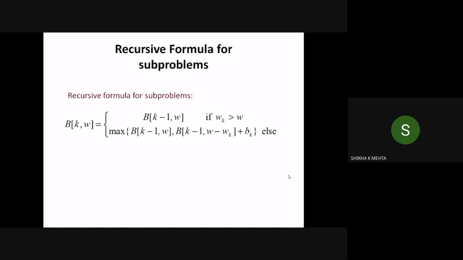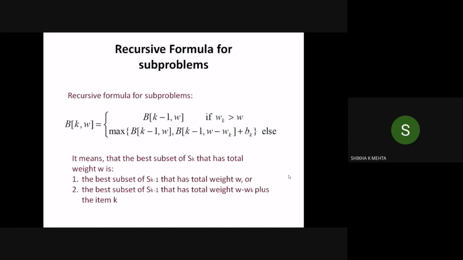You will understand this formula when we do an example along with it. Here it says the best subset of Sk that has total weight w is either the best subset of Sk-1 that has total weight w, or the best subset of Sk-1 that has total weight w - wk plus the item k. This is how we compute the best subset.